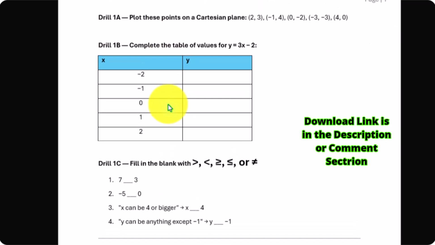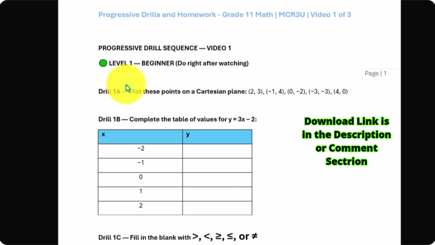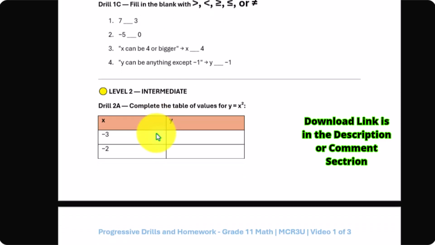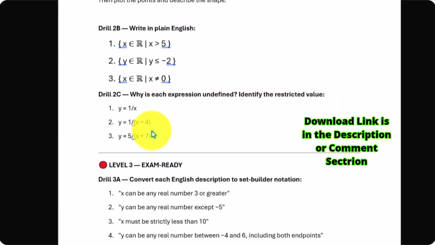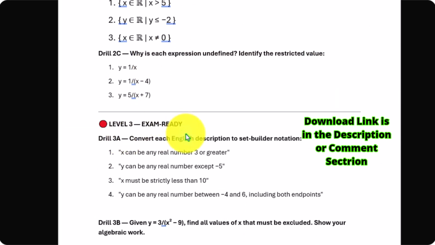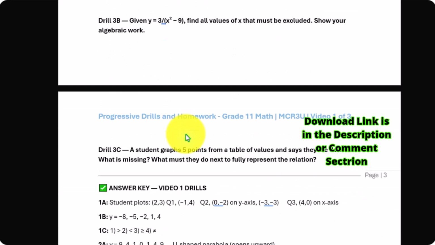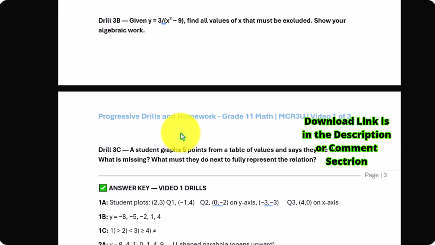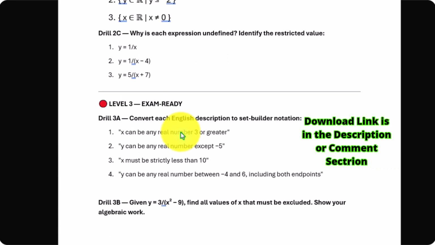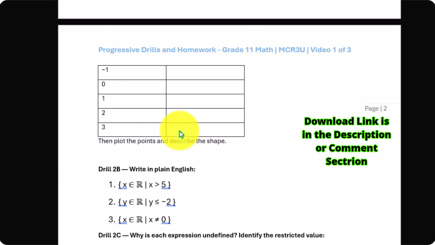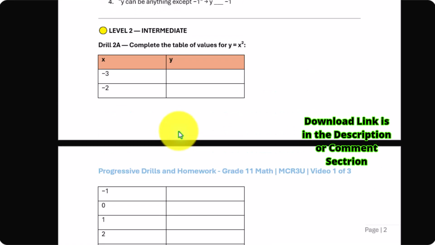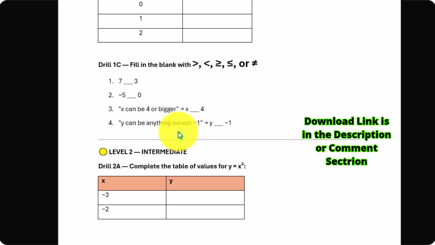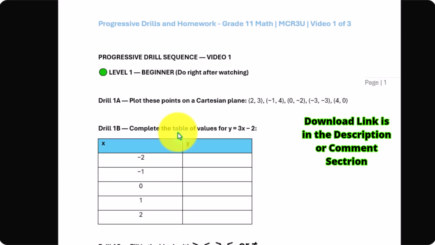These are the drills: level 1 and level 2 drills and level 3 exam-ready drills. The drills are there and the answer keys are there, and you will get a graph sheet as well. You can try them before lesson 1, and we will discuss these later, and before that it's better to do them.